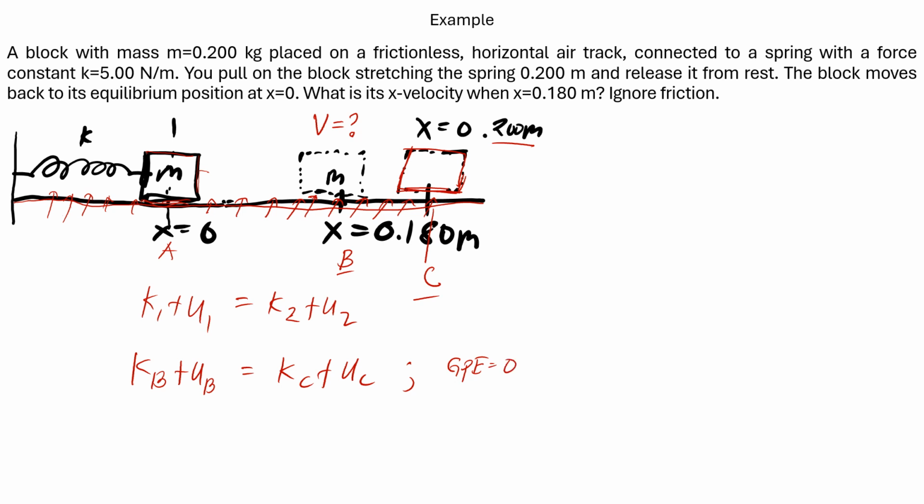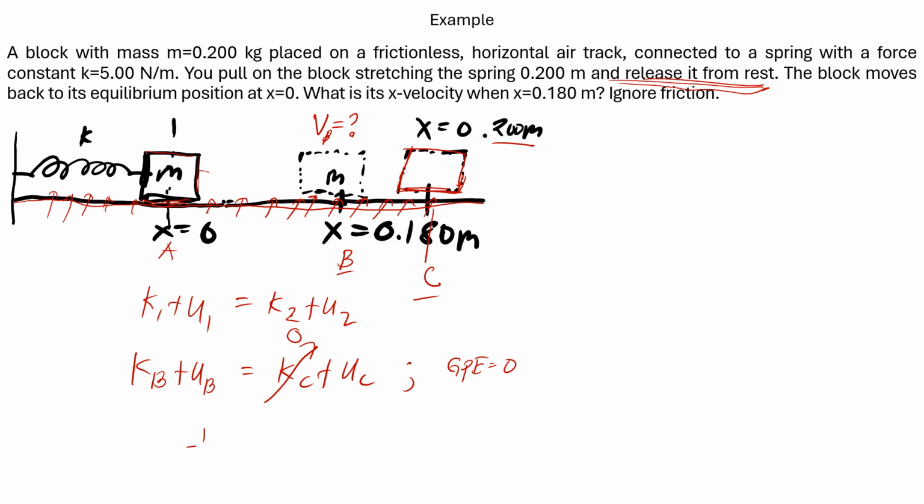Okay, at point C, since the block is just being released from rest, the kinetic energy at point C is 0 because there is no initial velocity at that point. So you'll just have to derive for KB, because in KB we can derive the velocity at point B.